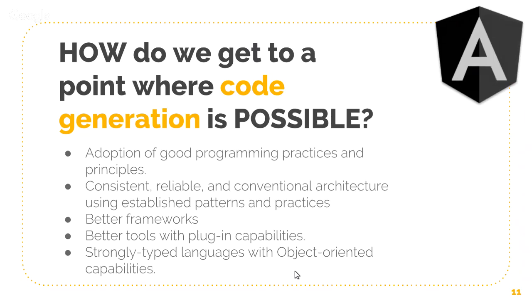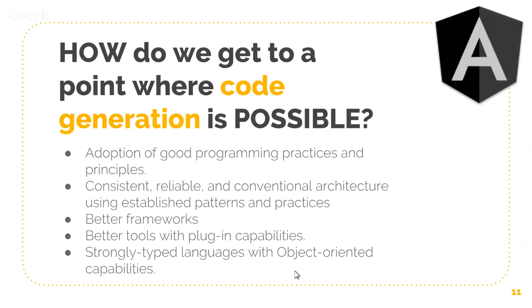And the reason today that many things are able to be generated is because of the adoption, use, and execution of good programming practices and principles. Things today are more consistent, reliable, and conventional than ever before because we're using these established patterns and practices.